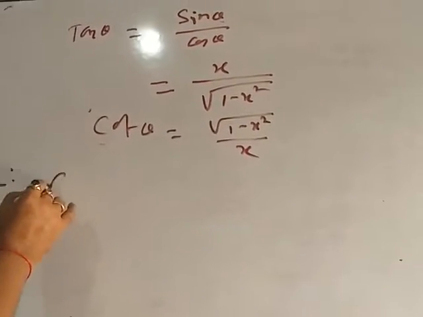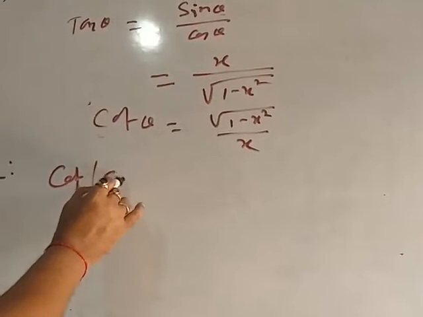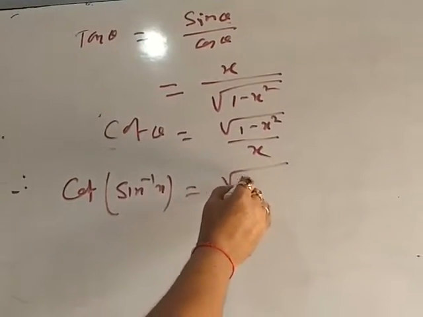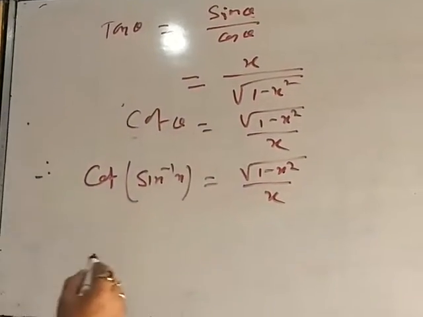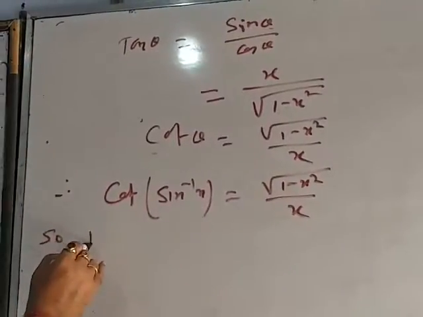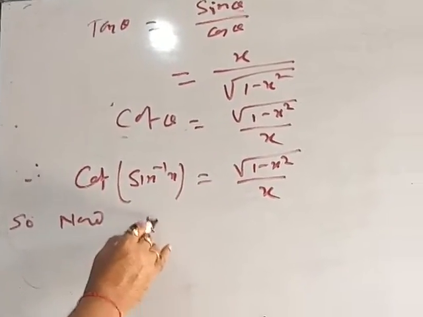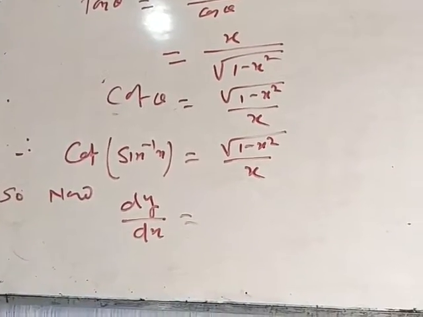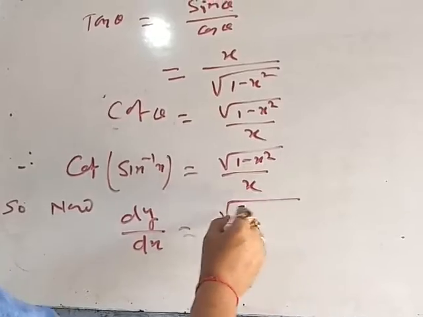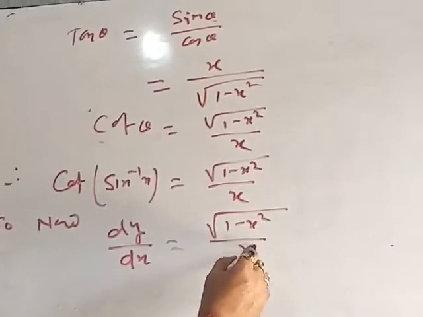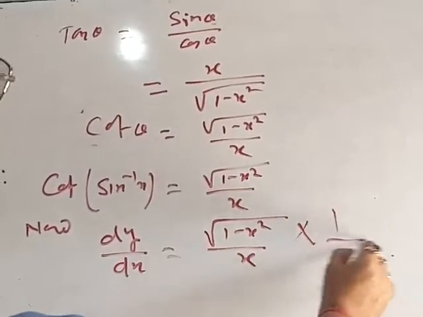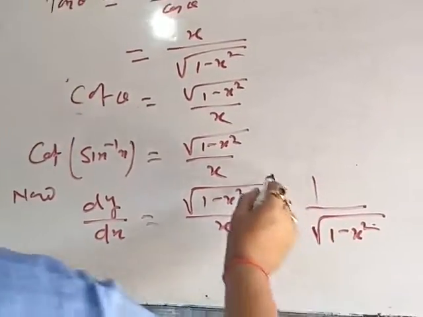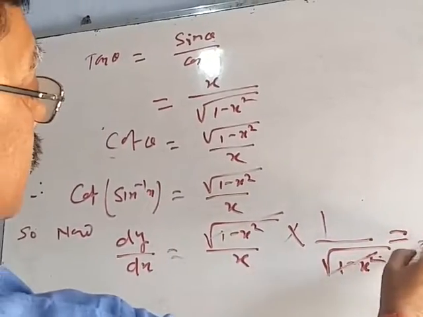So cot sine inverse x value is root over 1 minus x square by x. Now dy by dx, put the value of this, root over 1 minus x square by x, and 1 by root under 1 minus x square. So this will cancel, value will be 1 by x.